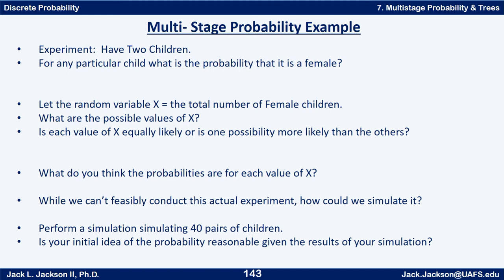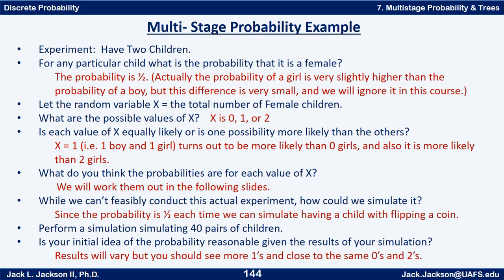And then see if the empirical probabilities from the simulation agree with what you thought the theoretical probabilities are. It's going to take a minute for you to work all that out. So go ahead and do that. Come back when you think you've got all that done. Press pause now.